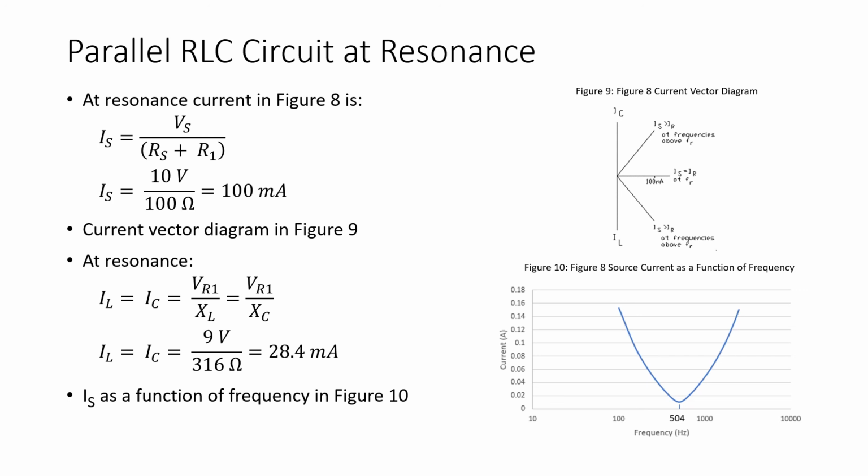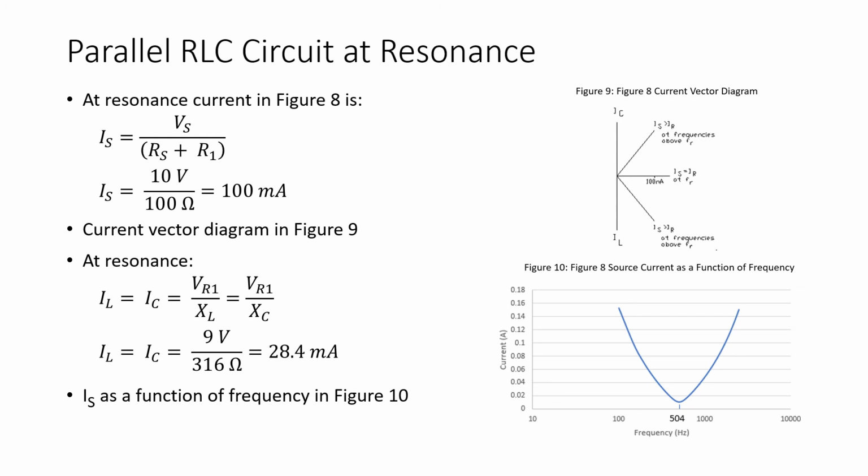However, the source current will increase at frequencies below resonance and at frequencies above resonance. Again, this is because at frequencies below resonance, we now have current flowing through the inductor, so I source increases, and at frequencies above resonance, we'll have current flowing through the capacitor, and I source will increase.